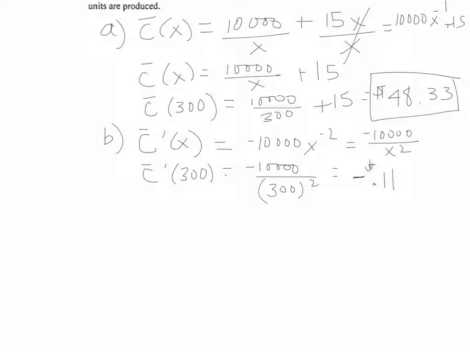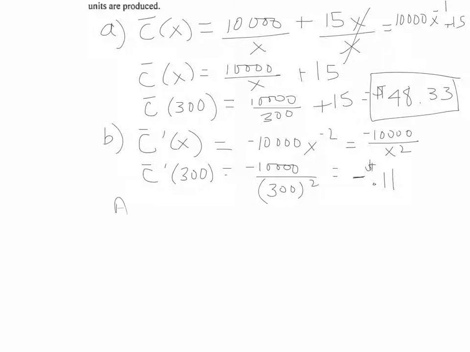Now, what does that mean? What's happening when you're producing 300 units? Well, if we were talking profit, I would say yes, but this is giving you the marginal average cost. So is it good if the cost is negative? That means that the expense is going down to make the next unit.